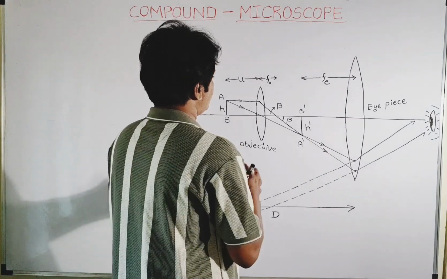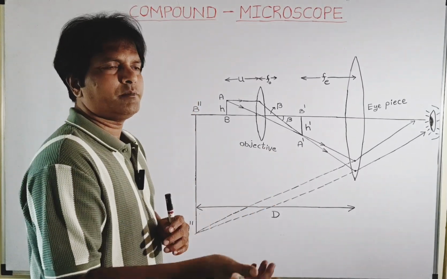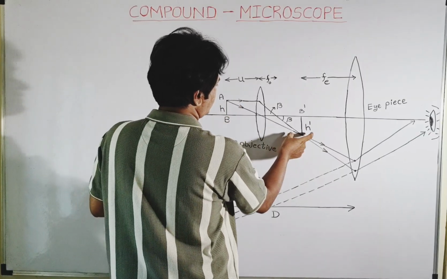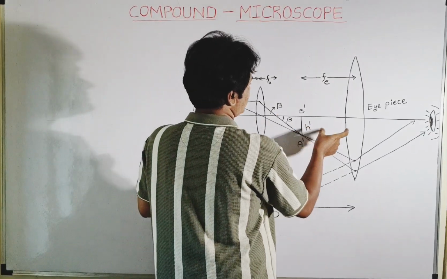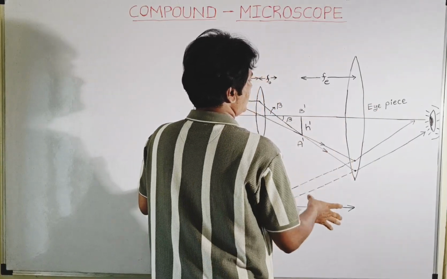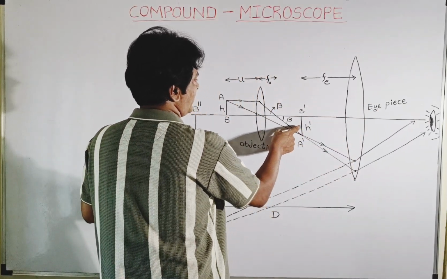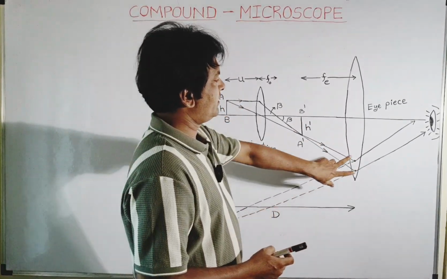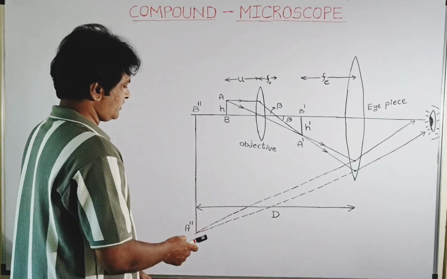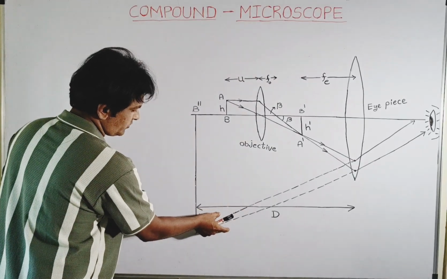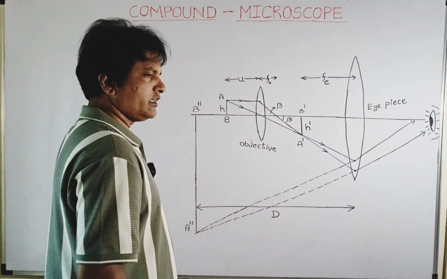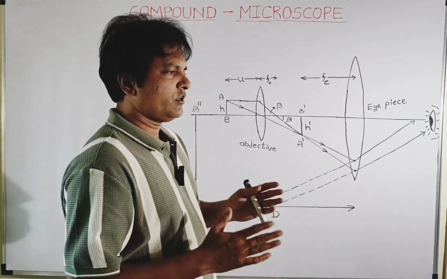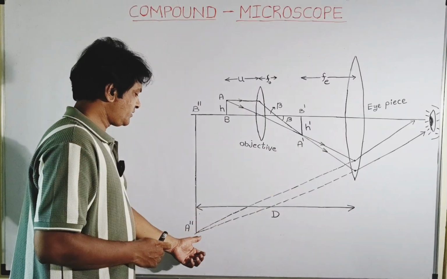So this is how the magnification is compounded in this microscope. First, there is an object, and this is the image of this object. This image works as an object for this lens, and the final image is created right here. The two rays converge backwards, and these are only imaginary rays. That is why the image is virtual. Even a virtual image, we can see it clearly because the rays appear to converge at this point.